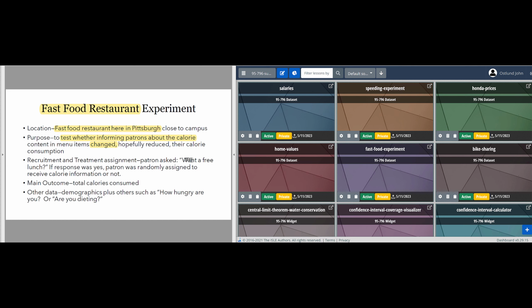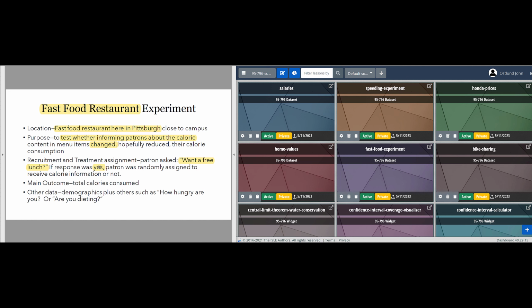Okay, so someone walks into the store and is asked, do you want a free lunch? Now, if you walk into a restaurant where you plan to buy some lunch and you are asked if you would like a free lunch, then unless you are a particularly suspicious kind of person, you're going to say yes.